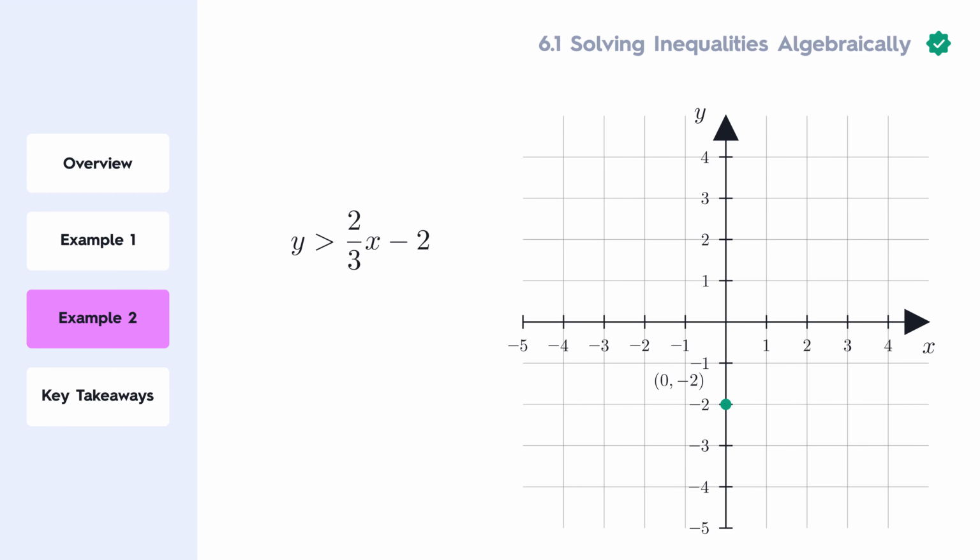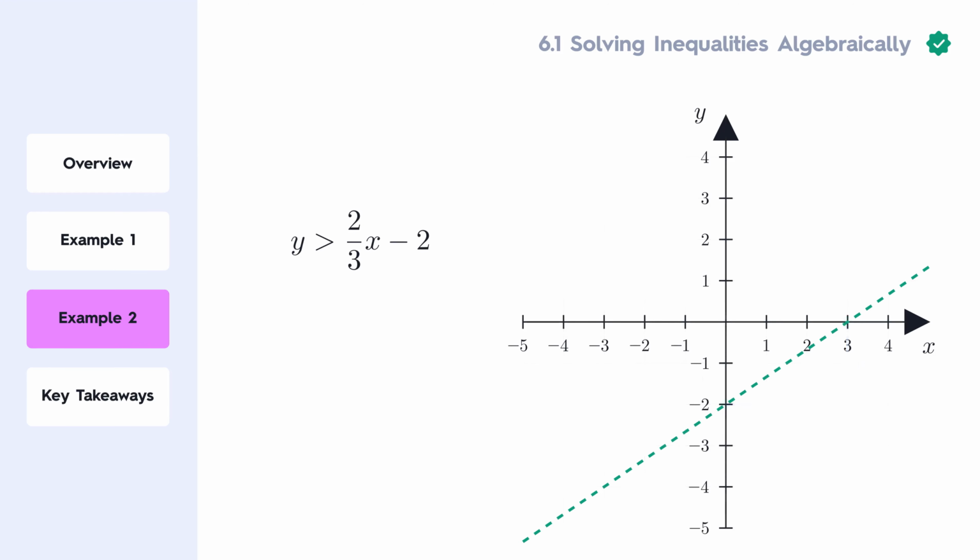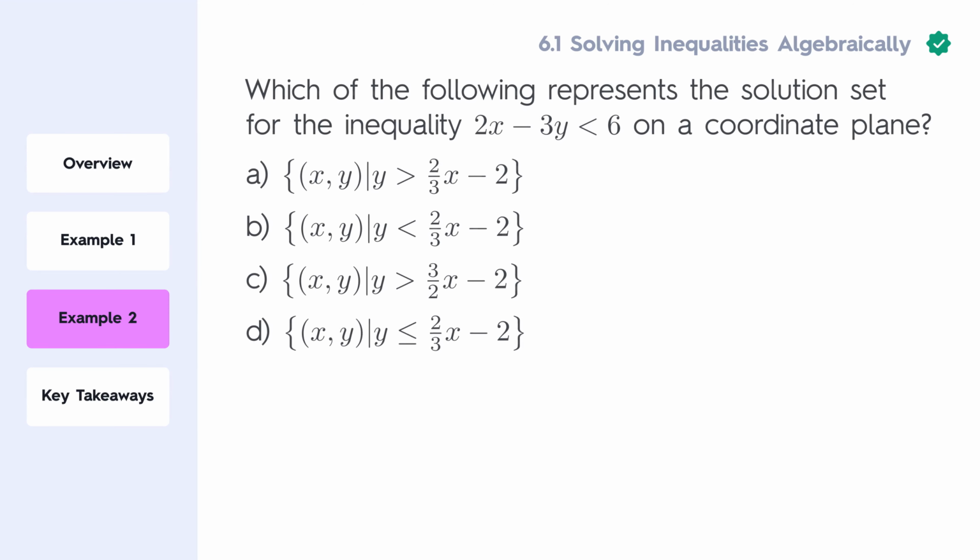The slope 2/3 means that for every 3 units we move to the right, we go up 2 units. Starting from 0, minus 2, we move 3 units to the right and 2 units up to 3, 0, and plot this point. With these points, we can draw a dashed line through them, representing the boundary line. Since y is greater than 2 over 3x minus 2, we'll shade above the line. So, option A is the correct answer.